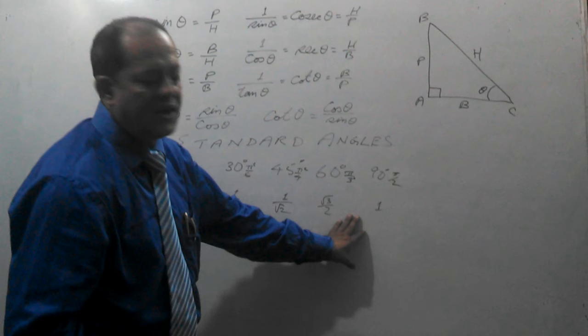So what we get over here is cot A cot B minus 1 by cot B plus cot A. This is cot A plus B. So that is your 13th formula.